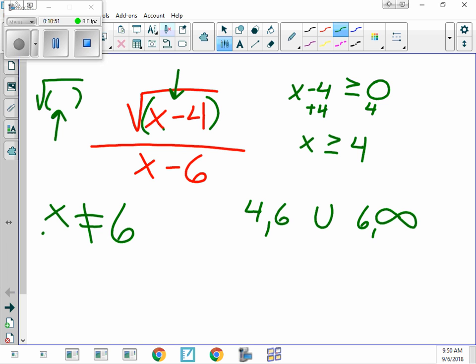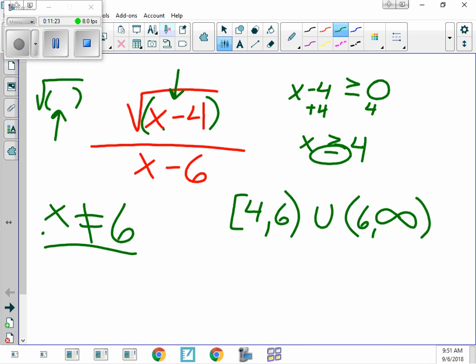The left side of the first one is a bracket. Why? Because I have an equal to right there. The 6 would be a parenthesis because 6 doesn't count. And the second 6 would be a parenthesis, and infinity always gets a parenthesis. It's not equal to 6.